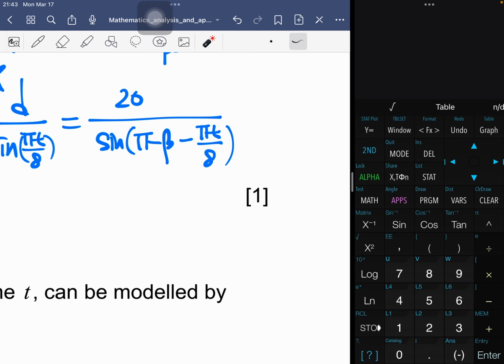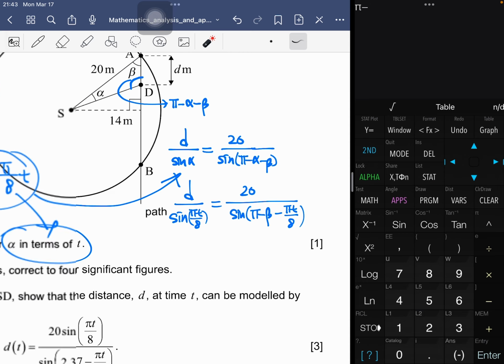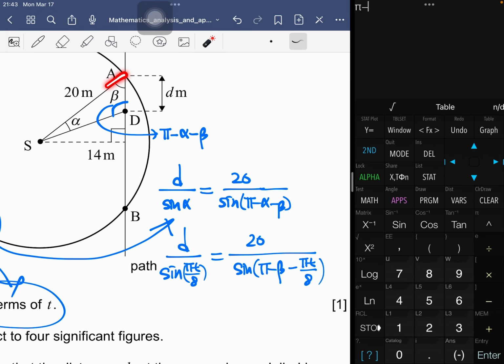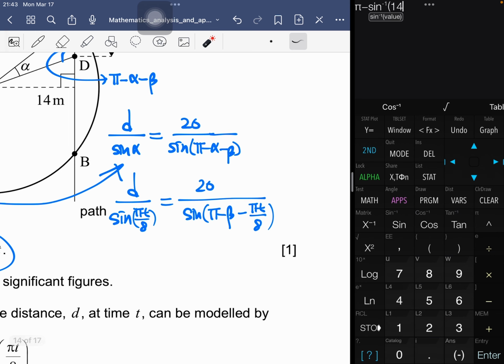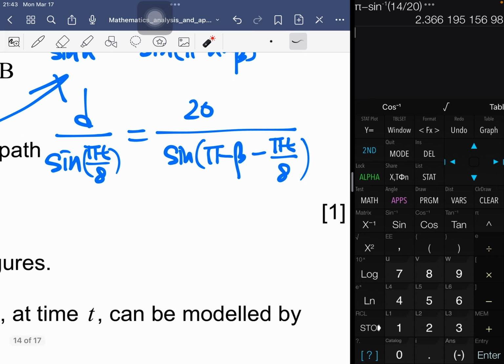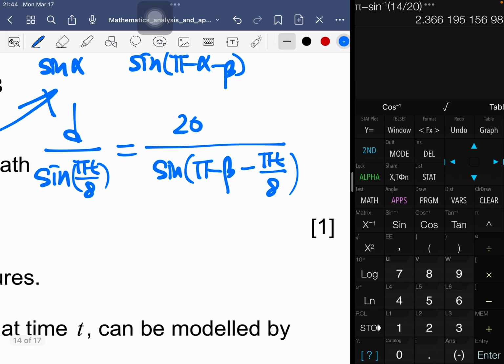Pi minus beta. Since sine beta is 14 over 20, beta is arc sine of 14 over 20. This is the beta angle. So pi minus arc sine of 14 over 20 is 2.37.